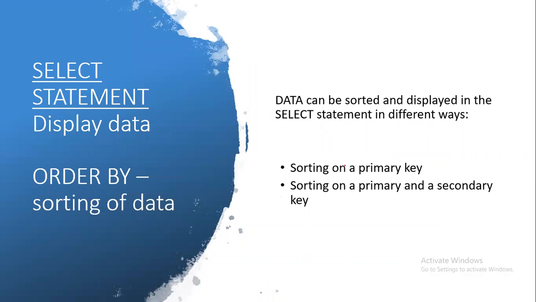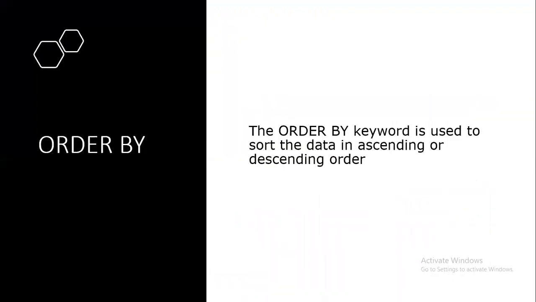We will look at how to sort information on a primary key. And we will also look at how to sort information on both a primary and a secondary key. So as I indicated, we make use of the order by clause, or rather the order by keyword.